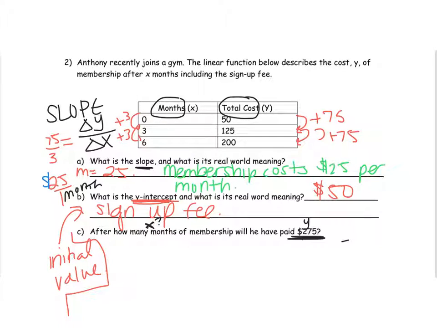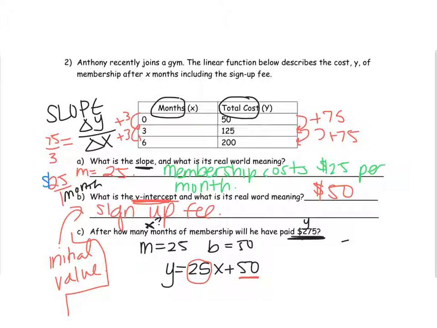Knowing what the rate of change is, knowing the pattern, or you can take your slope of 25 and your y-intercept of 50, and you can make yourself an equation in y equals mx plus b form, like this. This says we're starting at $50 sign-up fee, and we're paying an additional $25 per month.